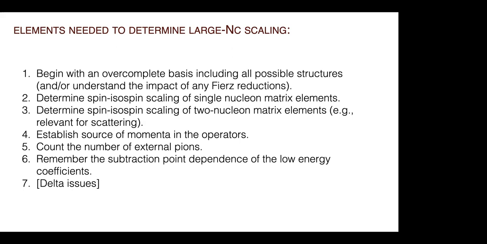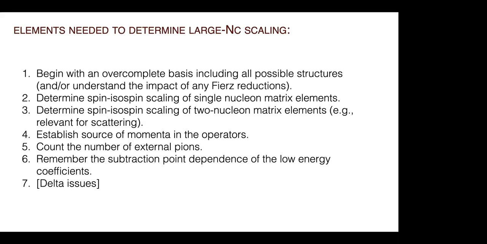I want to emphasize that these low energy coefficients are not themselves observables. They do have a subtraction point dependence. So it's really important that you don't grab a bag full of low energy constants from one theory and give it to another theory if they have different degrees of freedom, or there's a mismatch in subtraction point dependence.